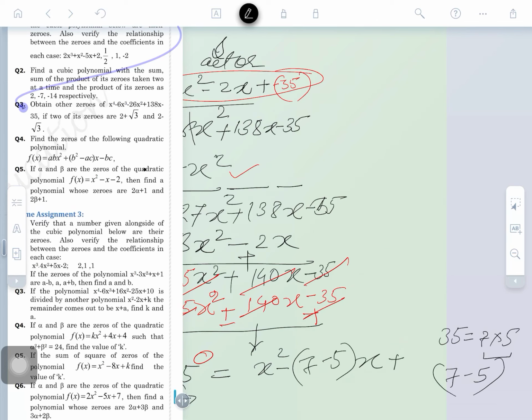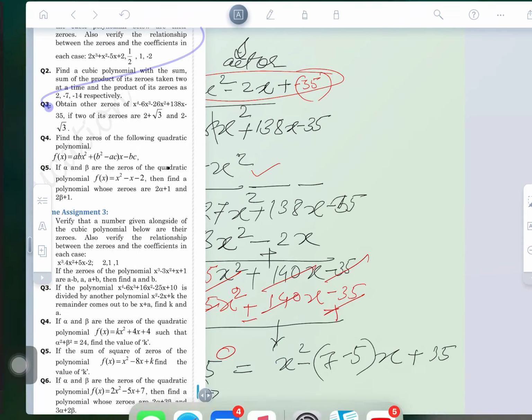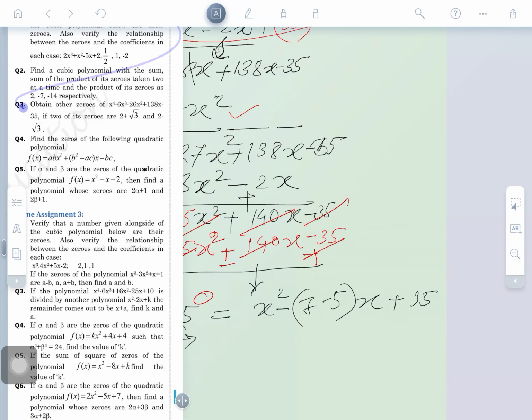Minus 35 is there also. And further how can we solve this? Please tell me. Further the expression can be written as x square minus 7x plus 5x minus 35.